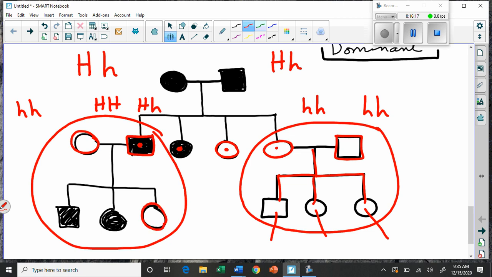They did produce a child who was not affected. That tells us that this allele right here had to somehow be in the mix. Now, it could have come from here, but look at this. If that was the father, then he would always give a capital H, and every child would have the capital H. So the fact that this particular girl right here is not affected means that the mother must be this.